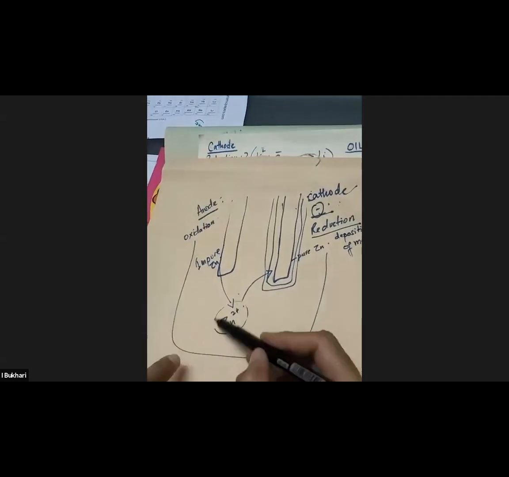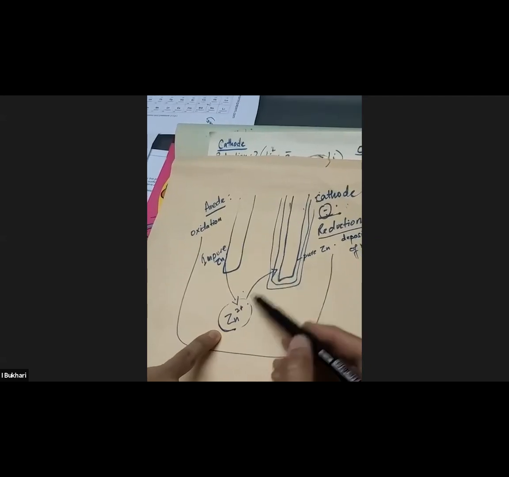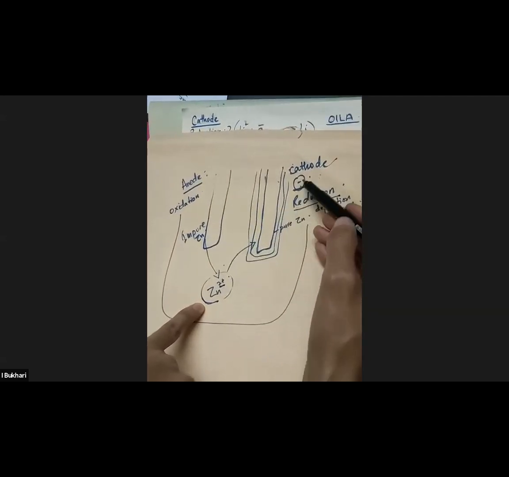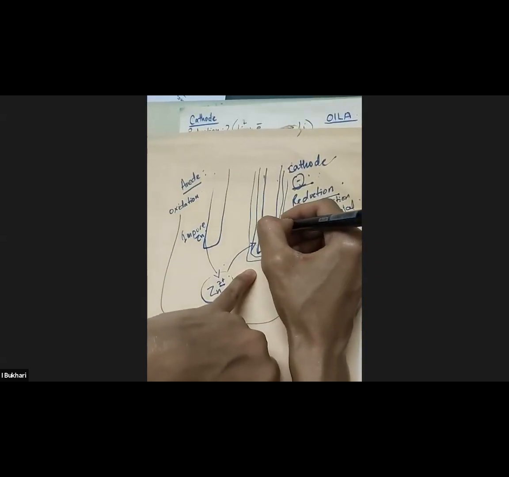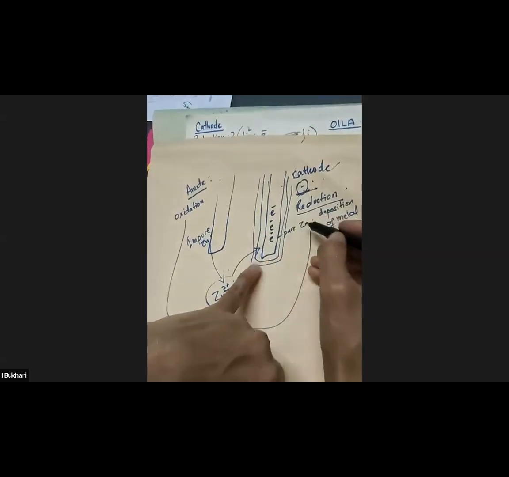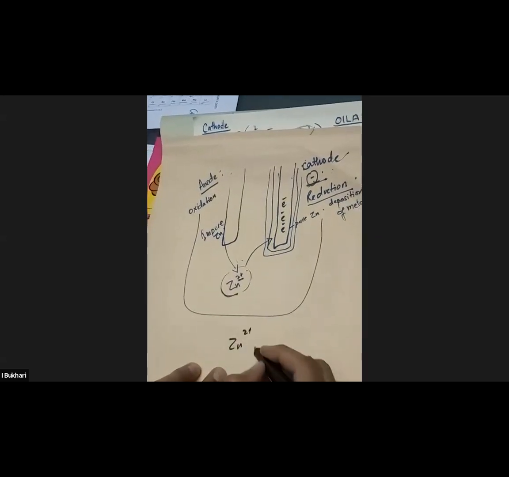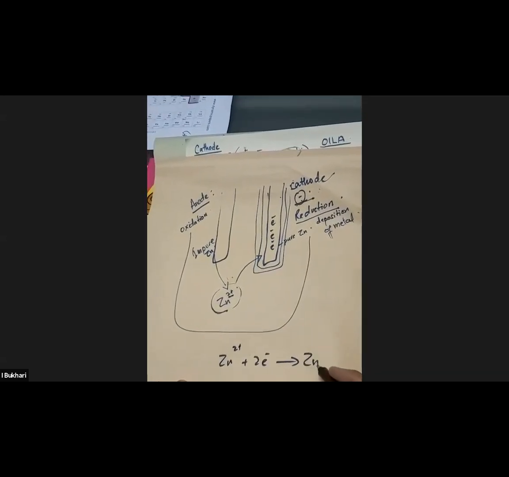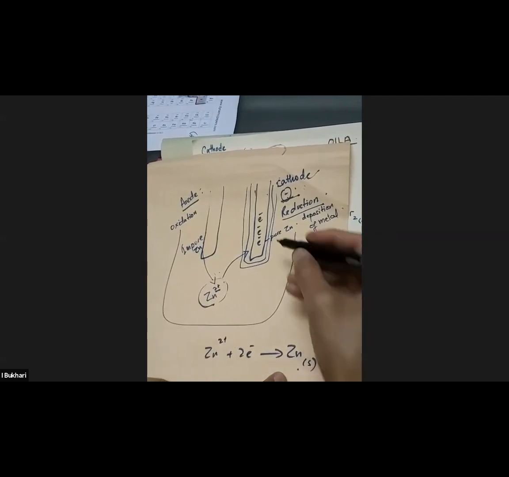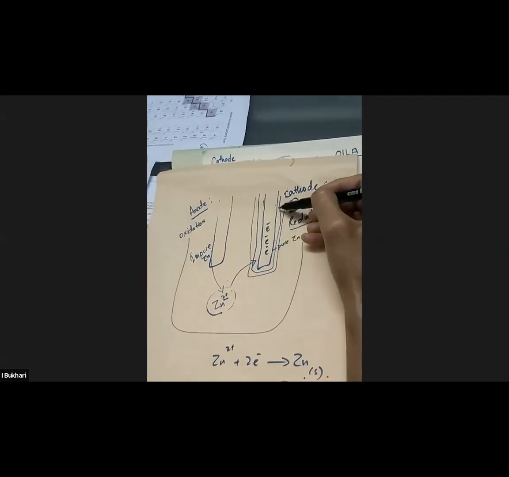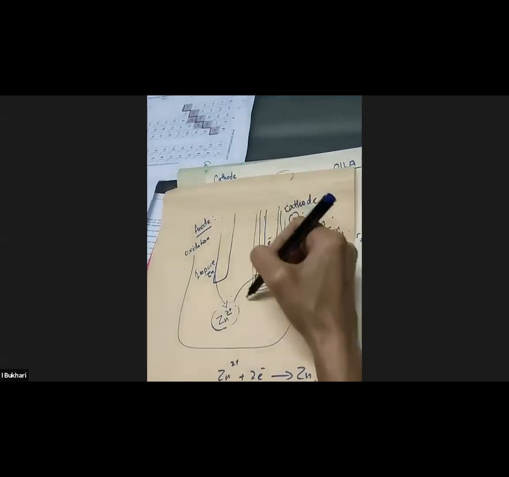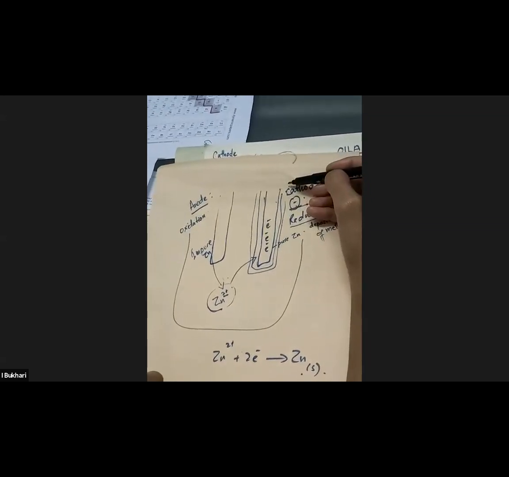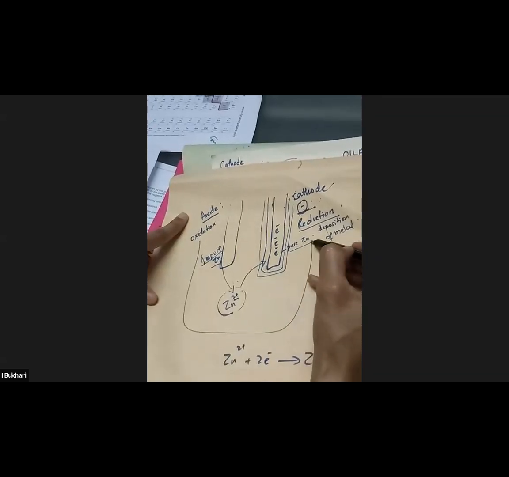So zinc ions from the electrolyte, because they're positively charged, will be attracted towards the cathode, and they will accept the extra electrons. They will be reduced into zinc solid form. So we start with a thin sheet of pure zinc, where we will get further layers of zinc deposited, right? So impure zinc should be the anode and pure zinc should be the cathode.